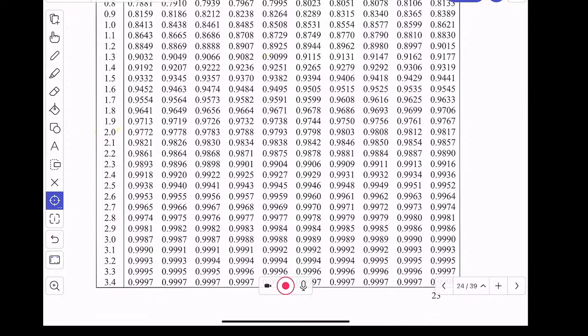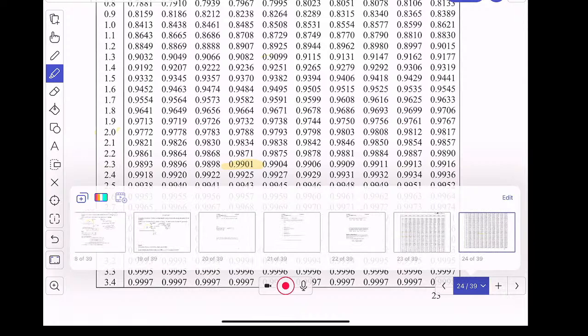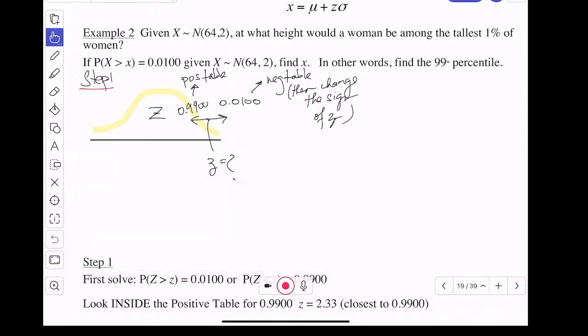That's the closest. That's the one we pick. So Z is equal to 2.33 because of that.